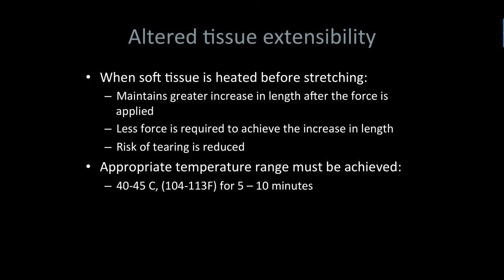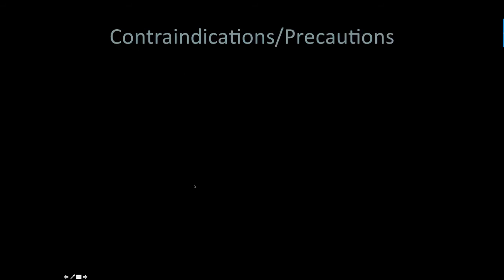But what's important is that we're getting into a therapeutic range, about a 5 degree C rise. As I said a second ago, burning occurs at about 113, so we've got to be pretty darn warm to be able to do that. And you have to have that temperature on for 5 to 10 minutes at that temperature range in order for those changes to take place. So we have to get someone good and hot, and for an appropriate length of time.